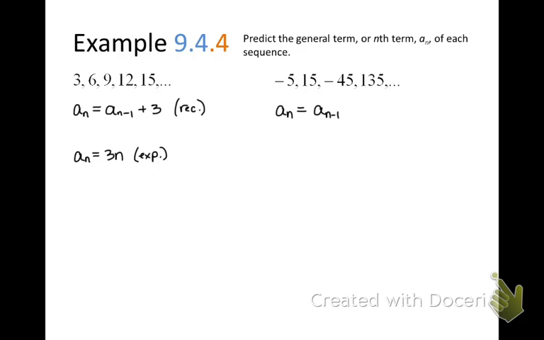Multiplying it by what? Negative 3, right. So I'm actually going to squeeze that in front. So negative 3 times a sub n minus 1. But that's recursive. If I want to write it explicitly so that I can use it better down the road, what is that going to look like?